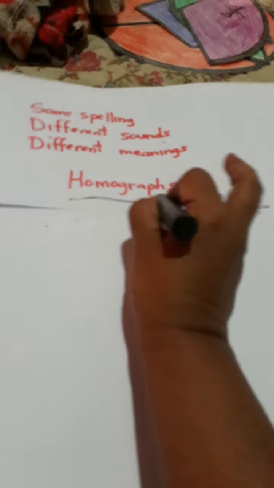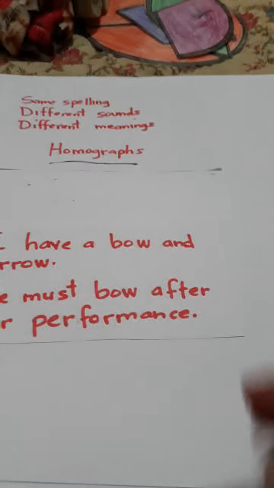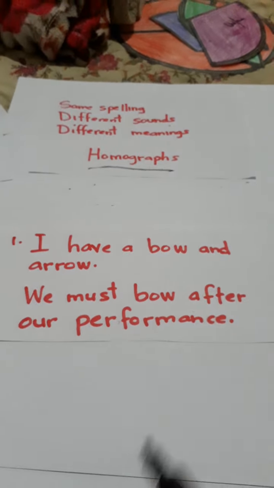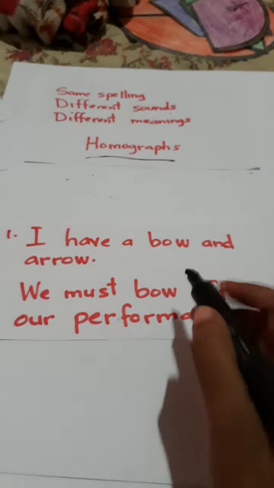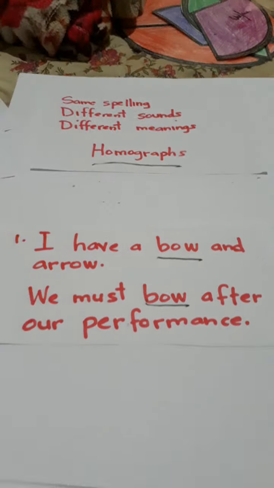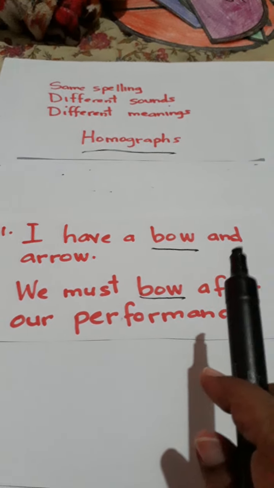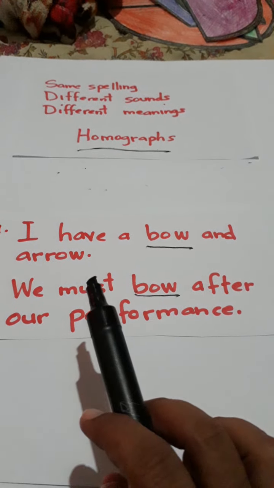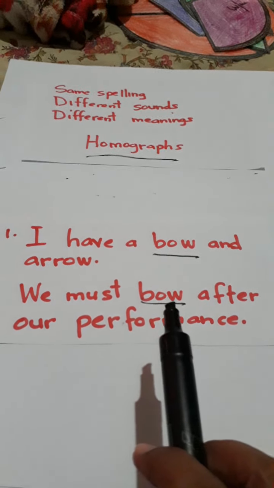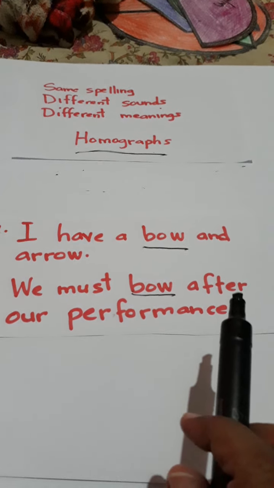We are doing homographs. So we are going to read some sentences that I have here. Now, if you will notice, you have the same spelling in both sentences. I have a bow and arrow. We must bow after a performance.